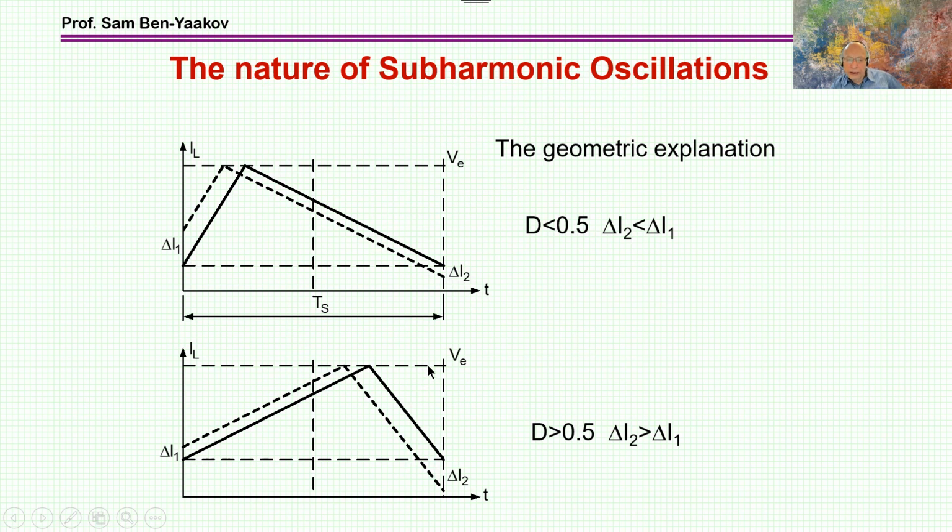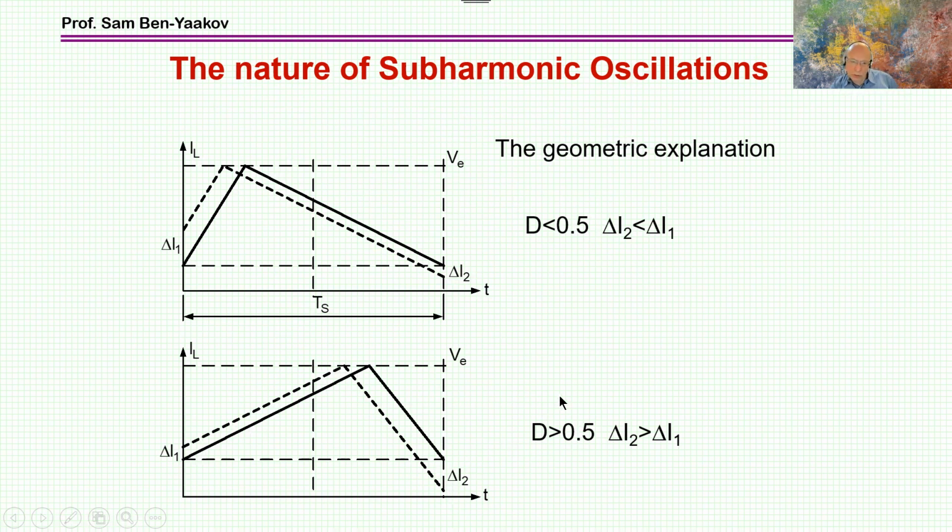Now, if the duty cycle you are working at is larger than 0.5, you'll have a similar thing. With the disturbance, it goes up to here, and then it goes back here, and you start a new cycle.